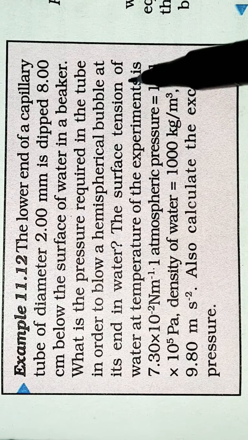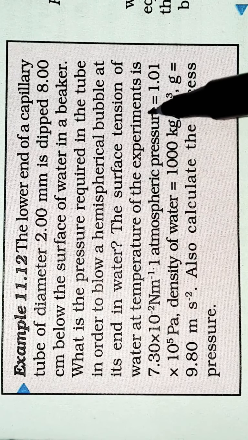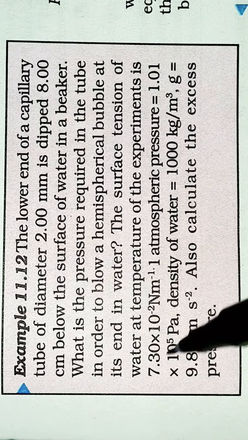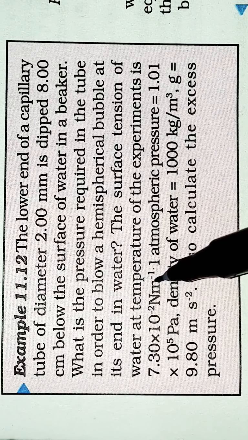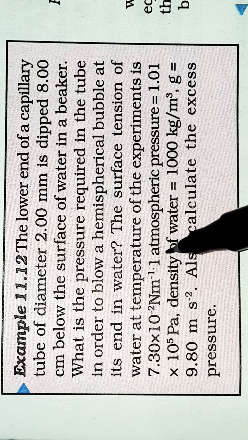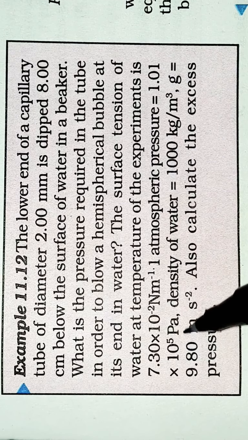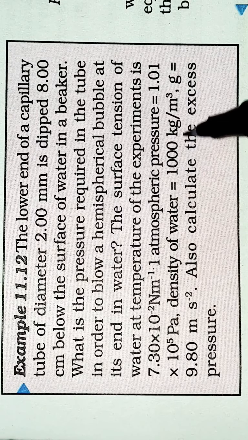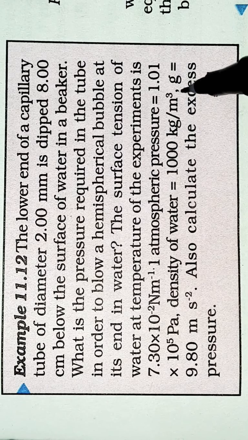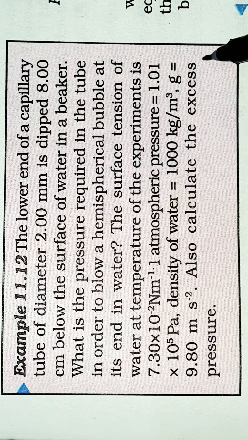The surface tension of water at the temperature of the experiments is 7.30 into 10 to the power of minus 2 Newton per meter. Here 1 atmospheric pressure is 1.01 into 10 to the power of 5 Pascal. Density of water is 1000 kg per meter cube. Here g is 9.8 meter per second square. Also calculate the excess pressure.